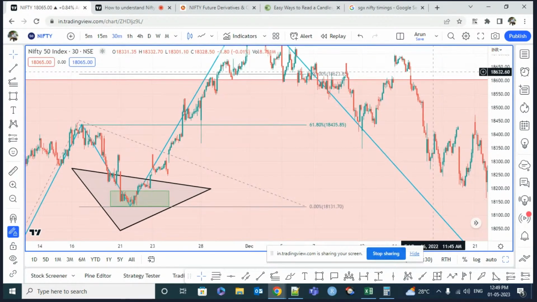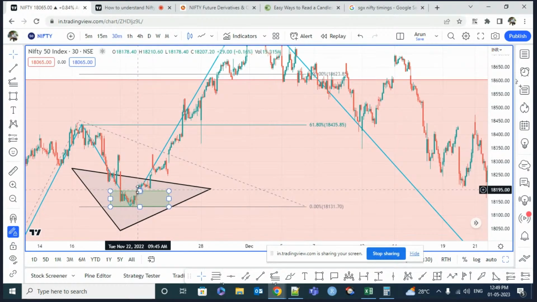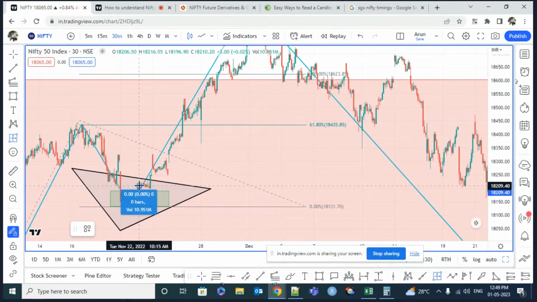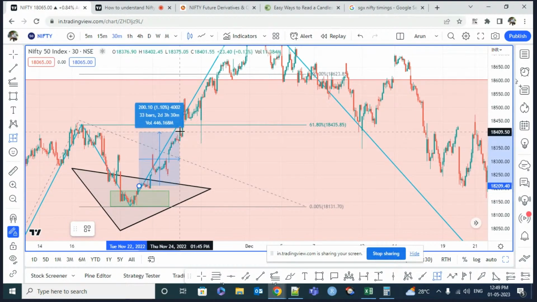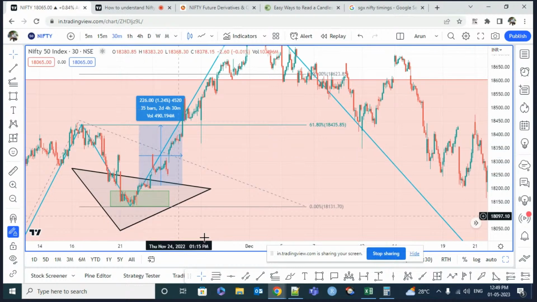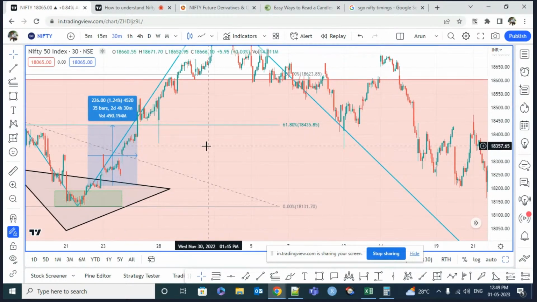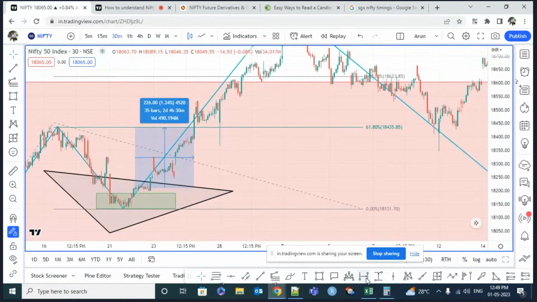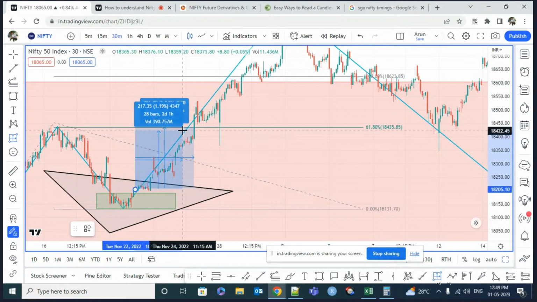Okay. So now here, this is broken here. Right from there, let's start calculating from here. Since this is the first target to reach, this is one, and the second target would be this candle.